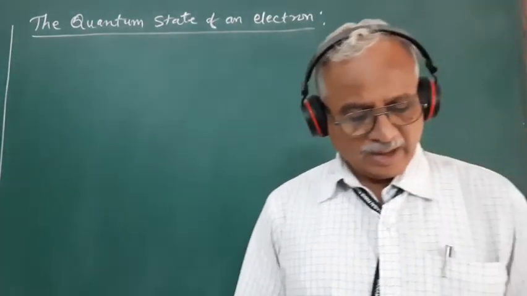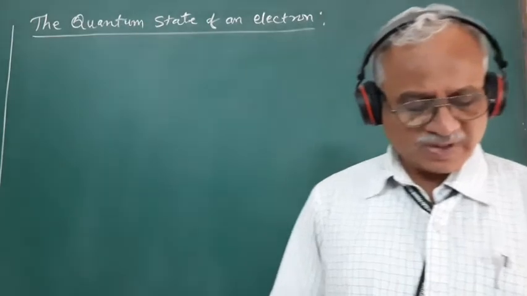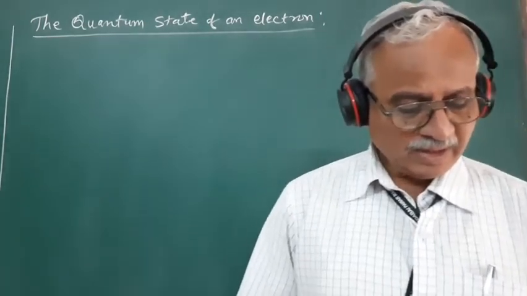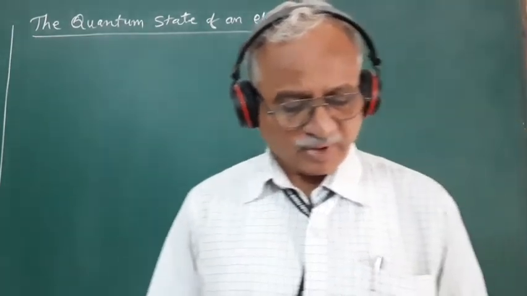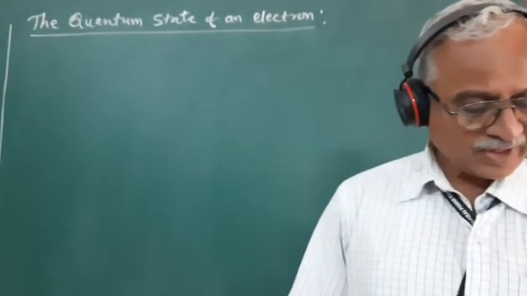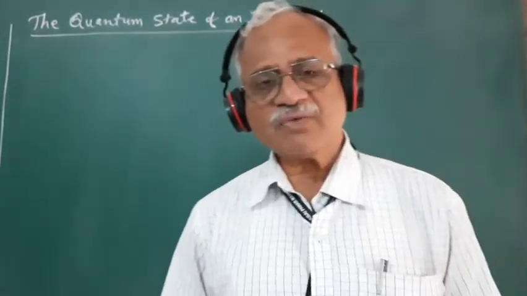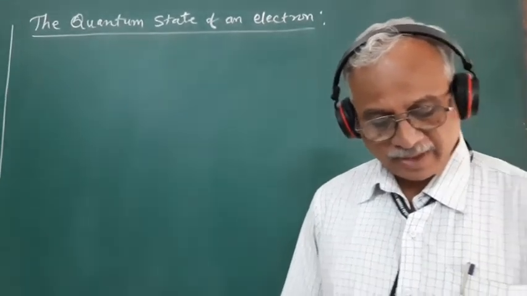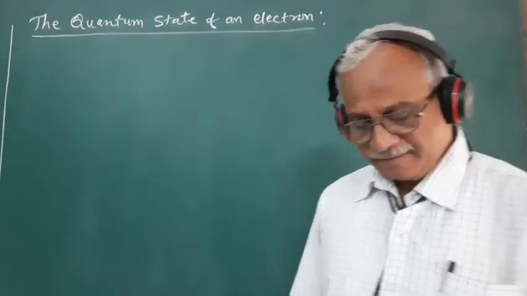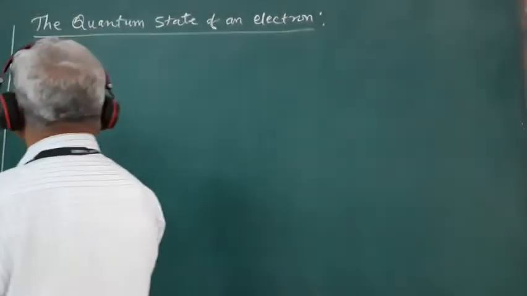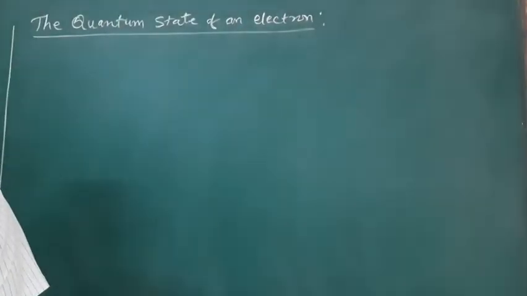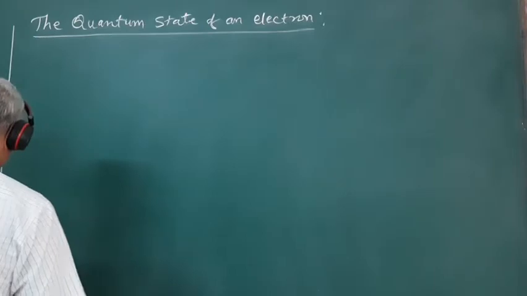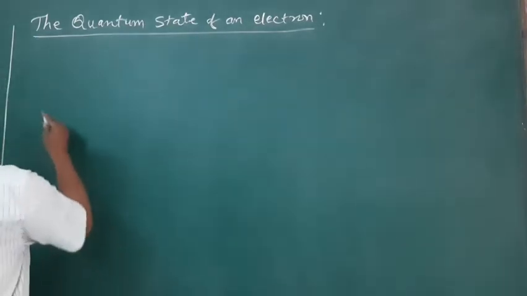The number of quantum states for a particular value of l, the orbital quantum number, can be obtained like this. For that purpose, let us consider the example of oxygen.